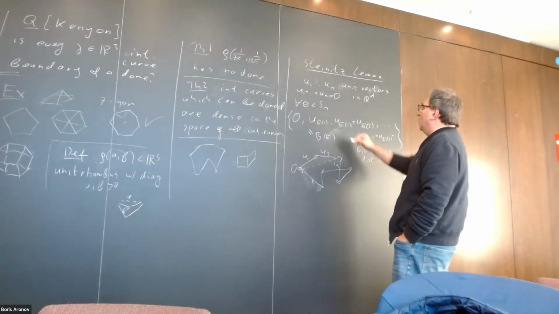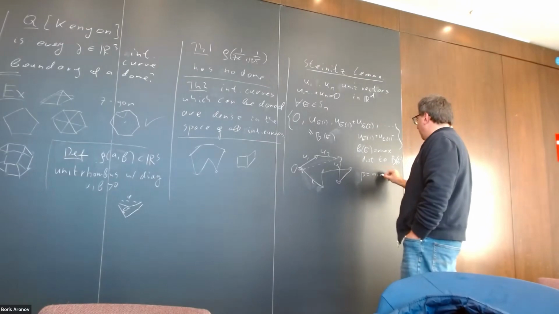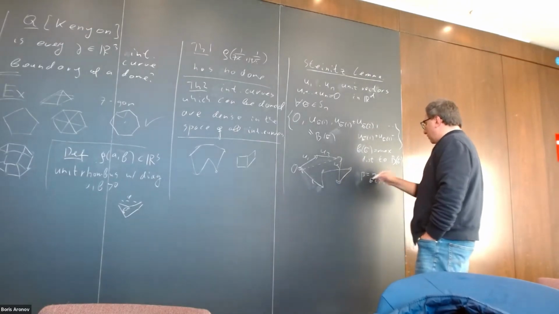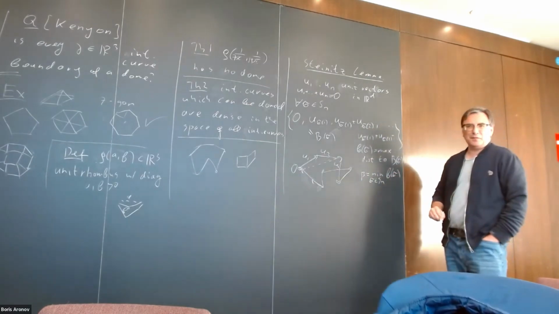So for a set of vectors, we're going to define some kind of beta to be the minimum over all permutation sigma of the maximal sum, B of sigma.